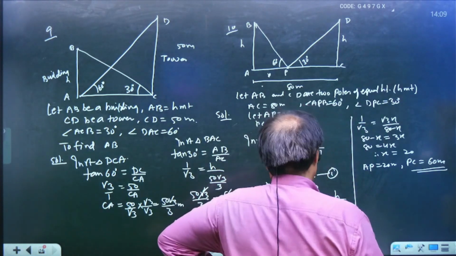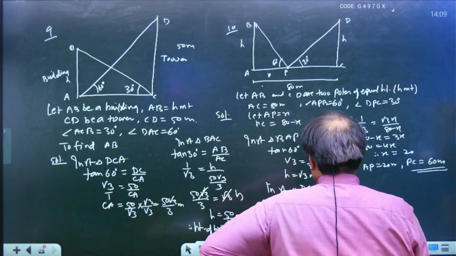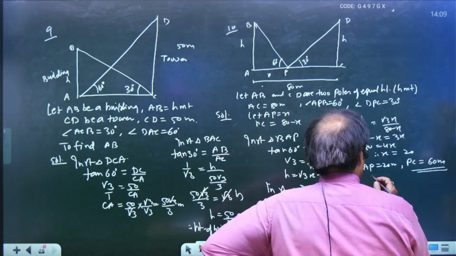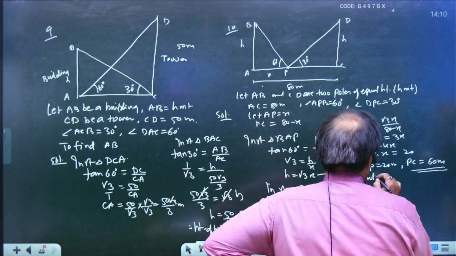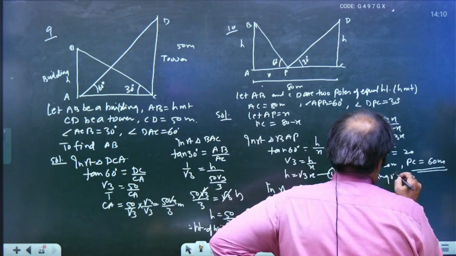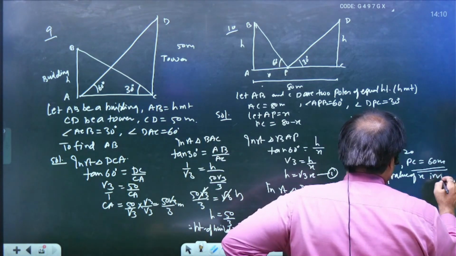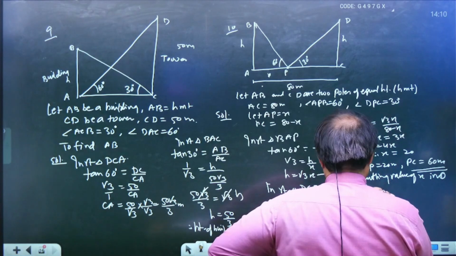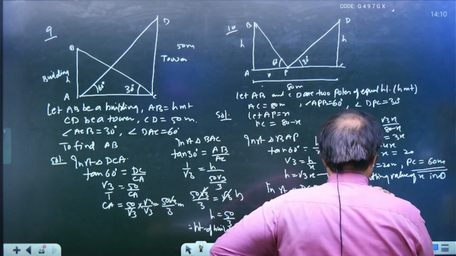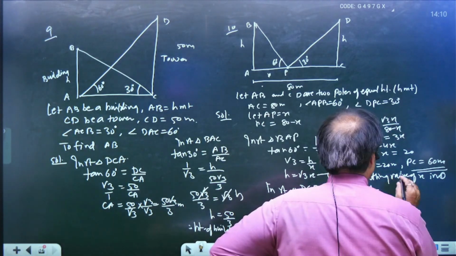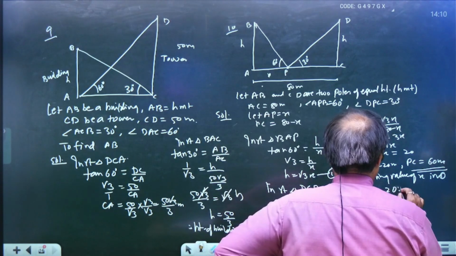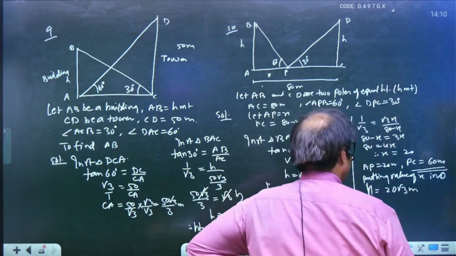And now put the value of x in the first relation to calculate the height. So putting the value of x in the first relation, h is equal to root 3 into 20, that is 20 root 3 meter.